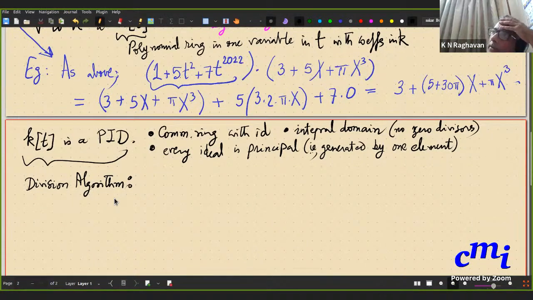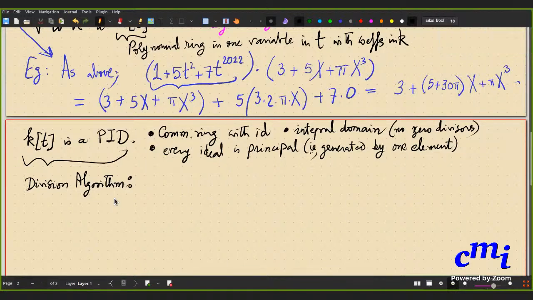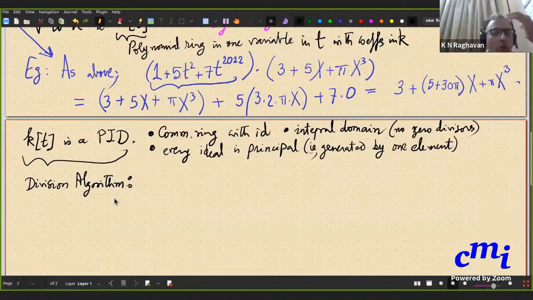Some other ring which is not a PID. Maybe the set of numbers of the form a plus b square root of minus 19, that type of complicated ring. Maybe Professor Anirban is going to do some of that.